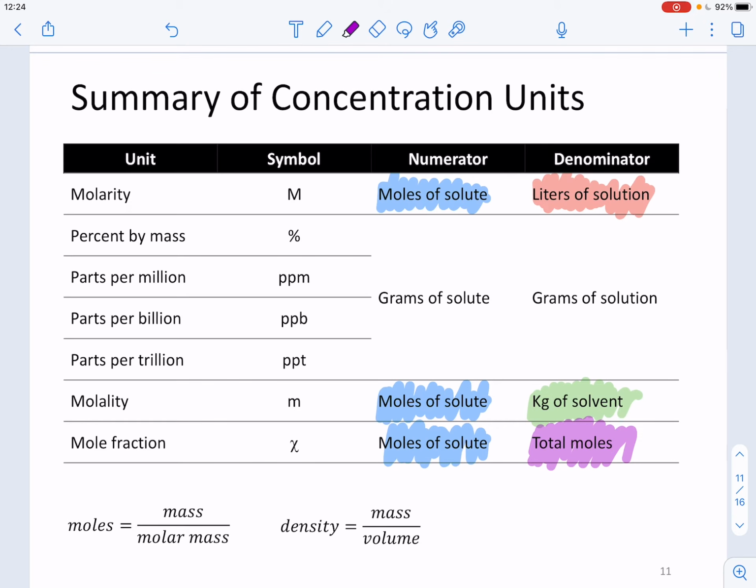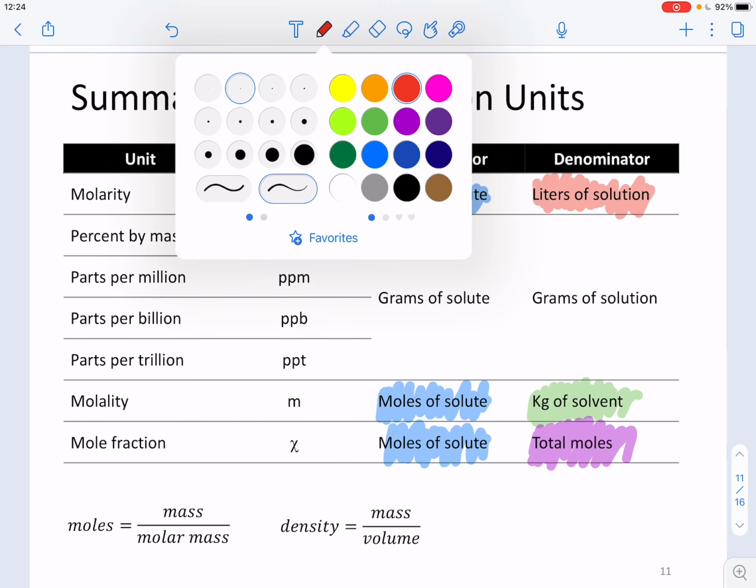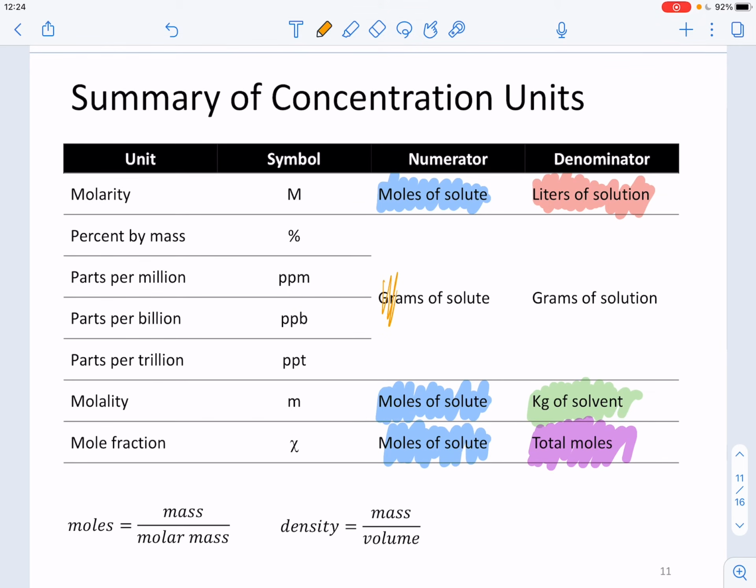Now the other ones, percent by mass, parts per million, parts per billion, and parts per trillion, all use the same ratio, grams of solute to grams of solution. The difference here is the multiplier. For percent by mass it is 10 to the power of 2, parts per million 10 to the power of 6, parts per billion 10 to the power of 9, and parts per trillion 10 to the power of 12.